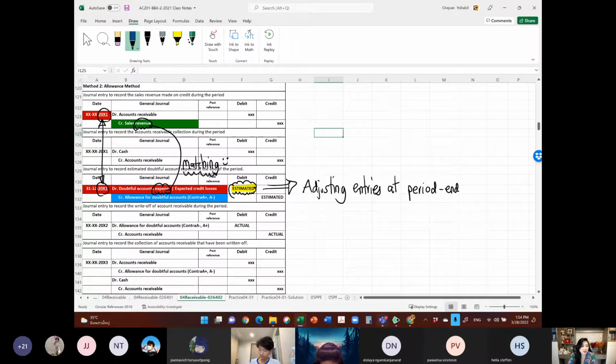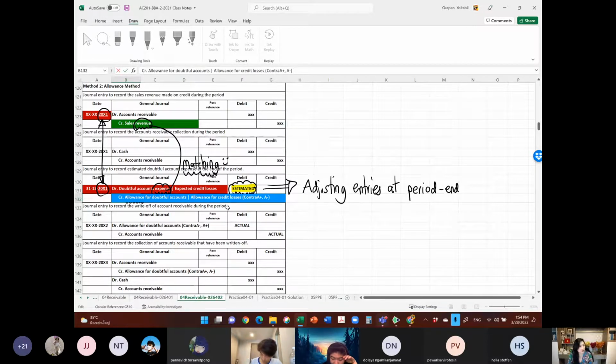You don't really know whether it's going to be Mr. A, Mr. B, Mr. C, Mr. D, or who will not make the payment to you in the future. So this is why you cannot have direct write-off, but rather you have to use the allowance method. Okay? So the term allowance, what is it? This allowance can also be called allowance for doubtful account or the allowance for credit loss.